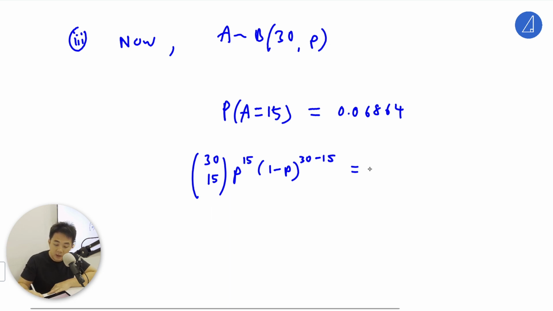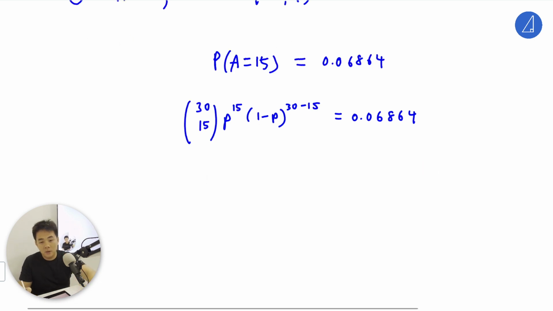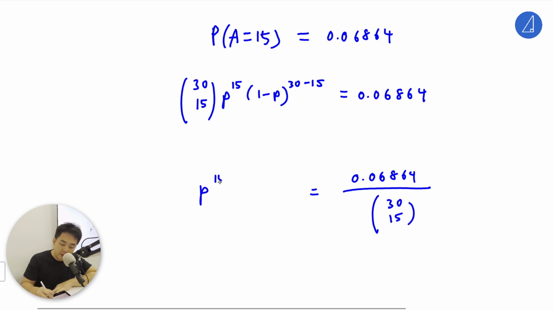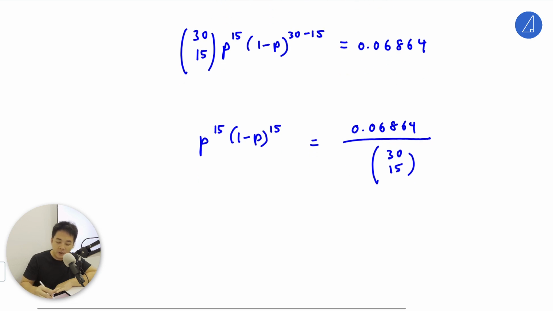So this will be 0.06864. 30 choose 15 is a huge number, so I'm just going to put this below. Just divide. That's P to the 15 times (1 minus P) to the power 15, right?